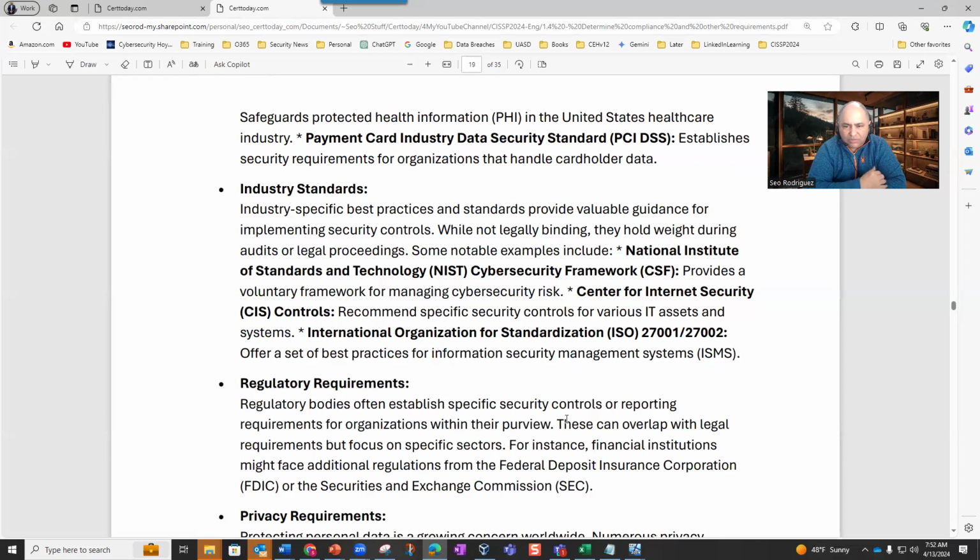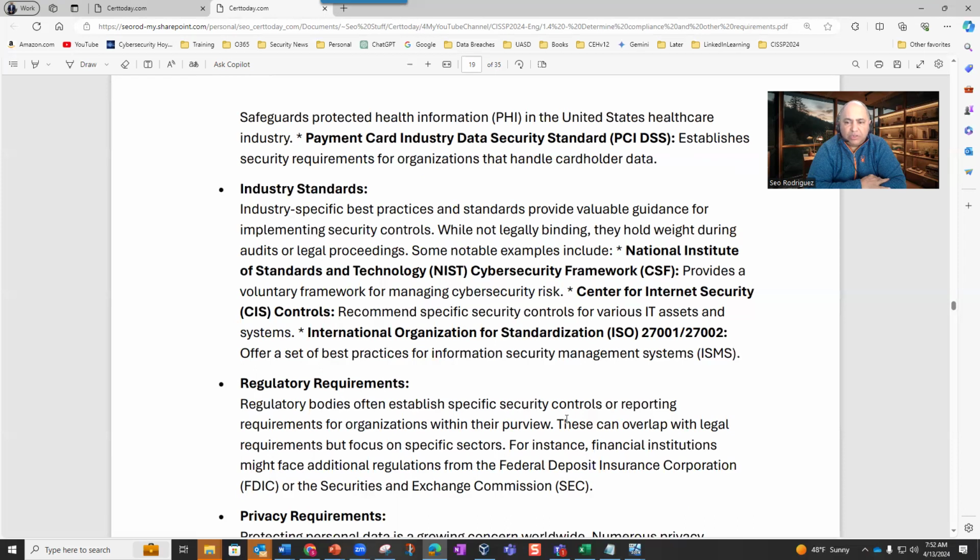Industry-specific best practices and standards provide valuable guidance for implementing security controls. While not legally binding, they hold weight during audits or legal proceedings.